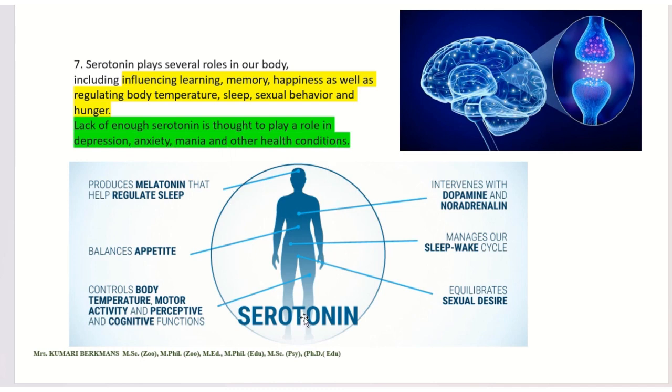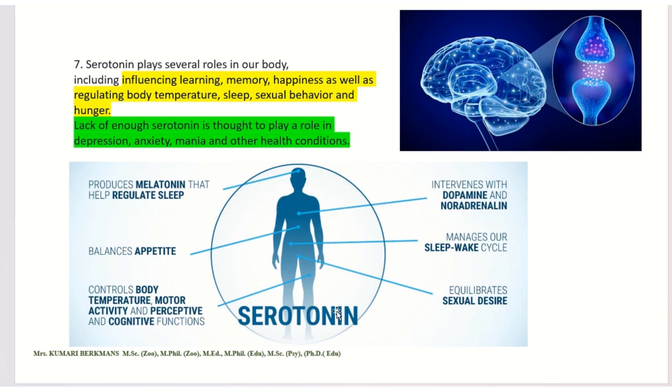You can see here the serotonin, which enhances the production of melatonin that helps regulate sleep, and it balances the appetite. It controls body temperature, motor activity, and perceptive and cognitive function. Serotonin is very, very important for perceptive and cognitive function. And it intervenes with the dopamine and noradrenaline, a hormone which is secreted by the adrenal gland.